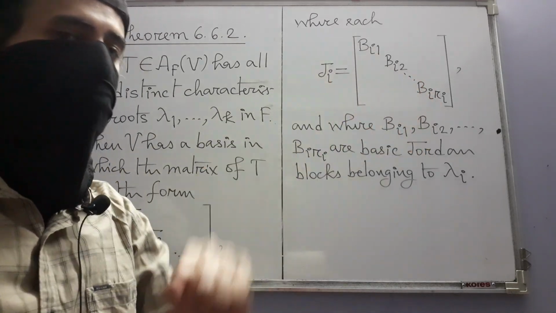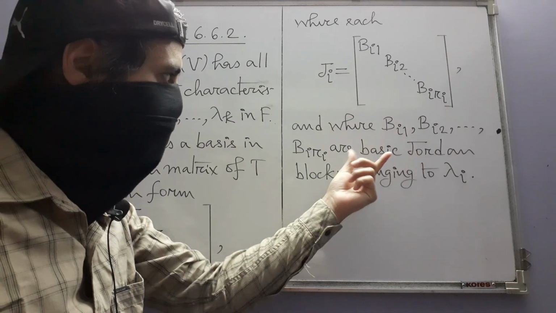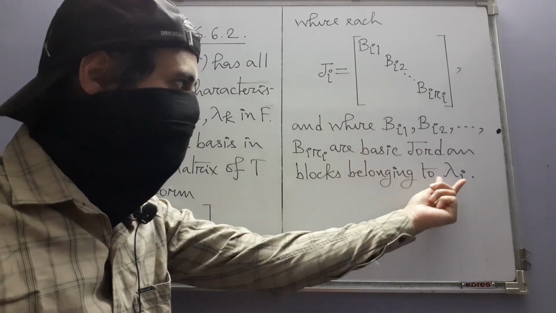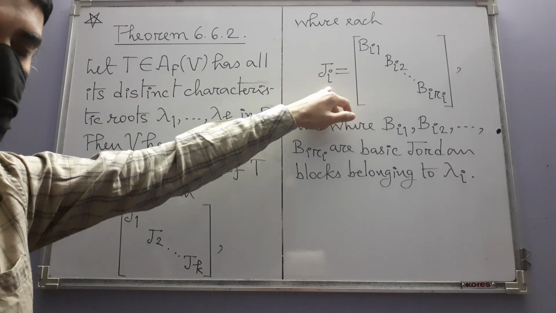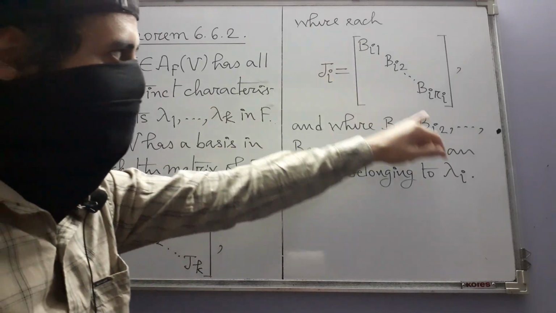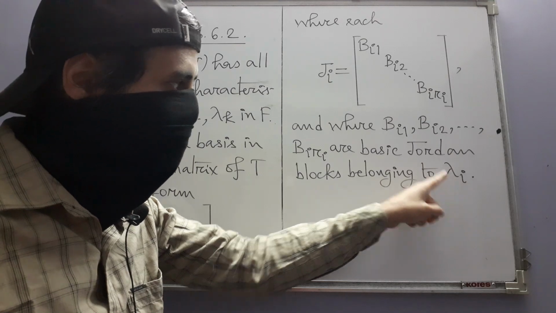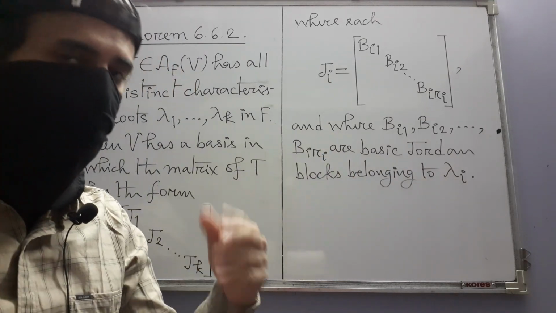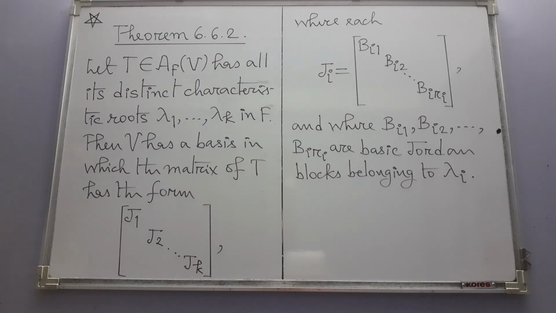That itself is a block diagonal matrix, where these blocks are basic Jordan blocks of possibly different sizes belonging to that same characteristic root lambda i. So let's now see how we can prove this.